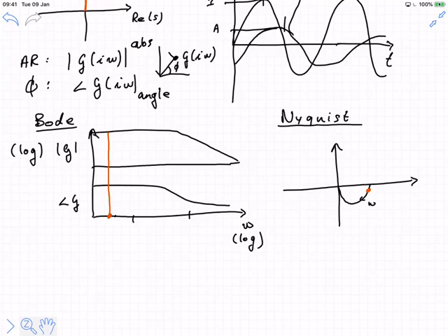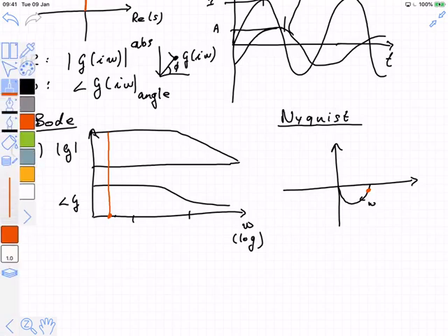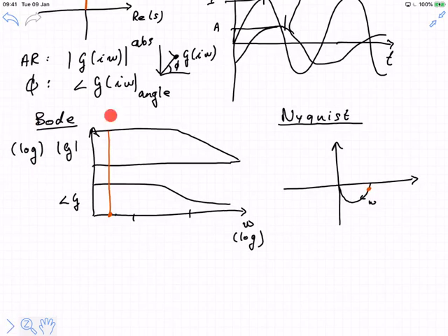I can go and calculate, again not using the big formulas with square roots and sines and stuff, but literally just calculating the frequency response and then calculating the magnitude or the angle of that complex number. That's what gives me the magnitude over there and the angle over there of the system when evaluated for omega equals some low value, right?